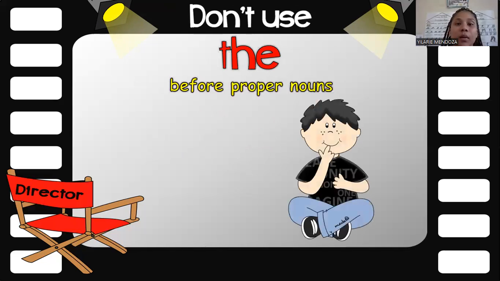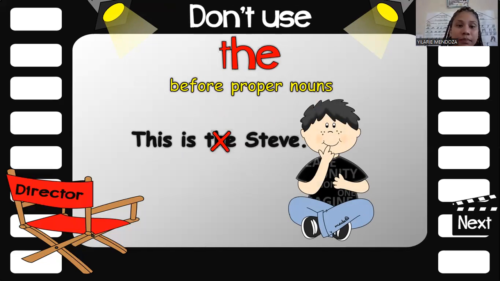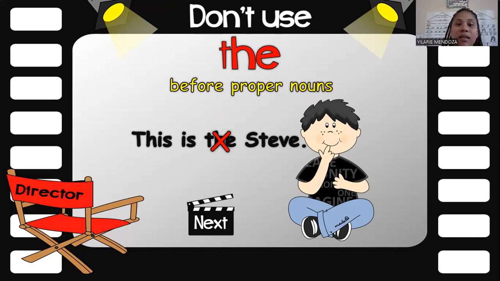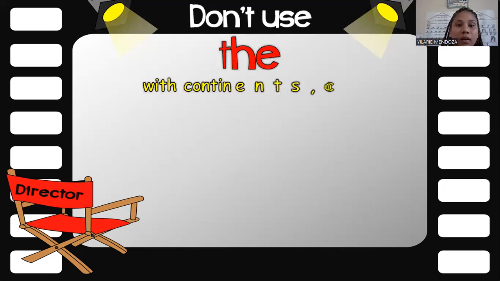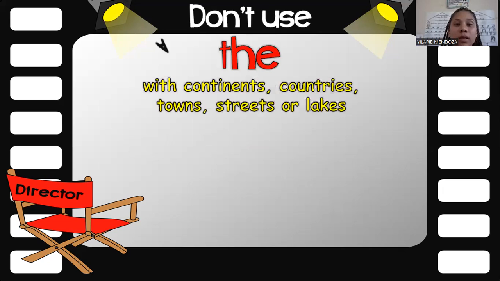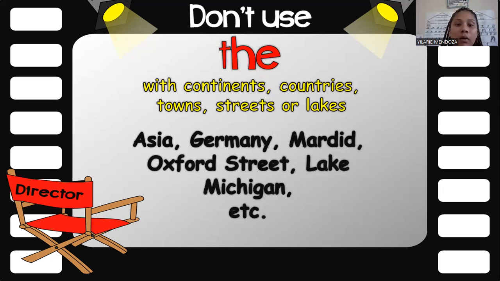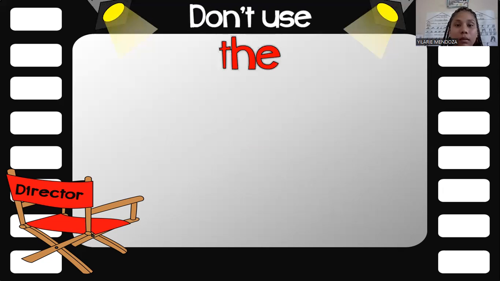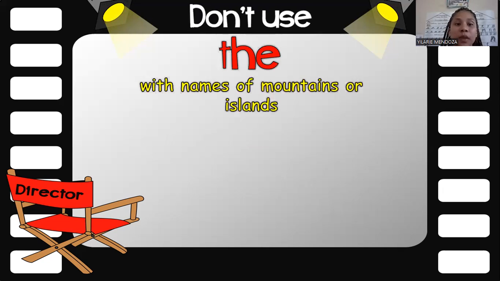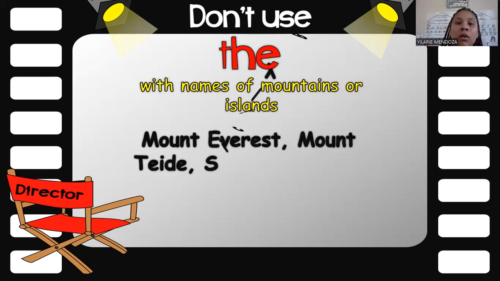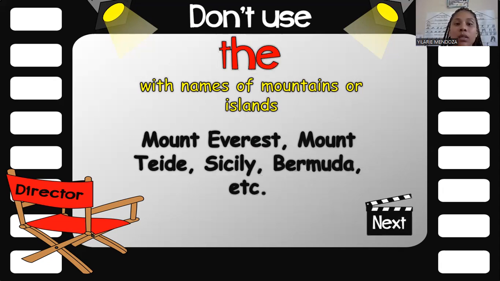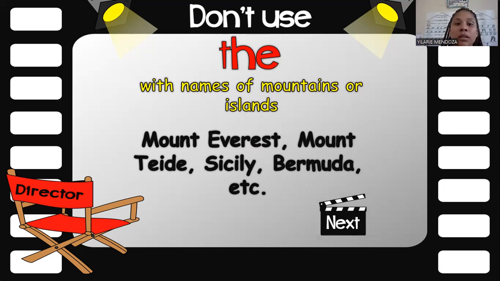No the before proper nouns. We don't use the with names of countries, towns, streets, or lakes: Germany, Madrid, Oxford Street, Lake Michigan. No the with names of mountains or islands: Mount Everest, Sicily, Bermuda.